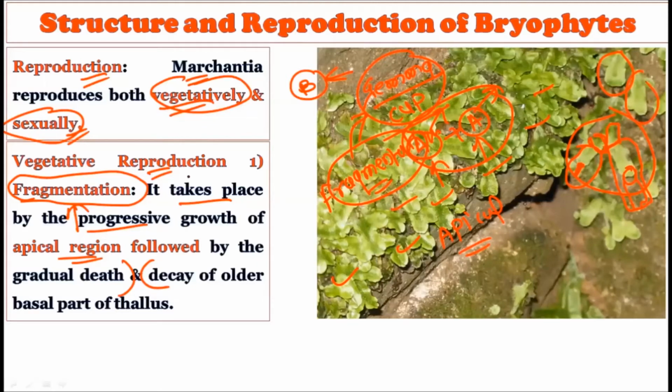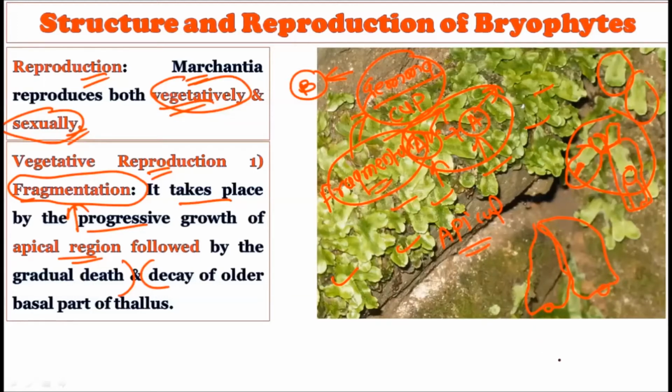So how do they do that? Their apical region grows continuously, and their basal region starts to degenerate. The basal region gradually decays, death occurs, and the forward structure is converted into a new thallus. It happens like this. This is the main thallus. Here we have two growing points.